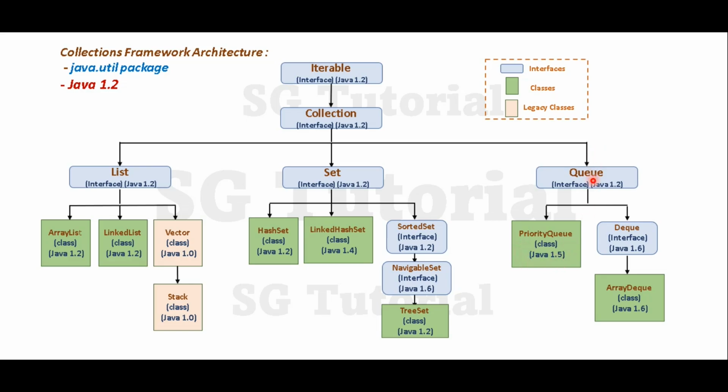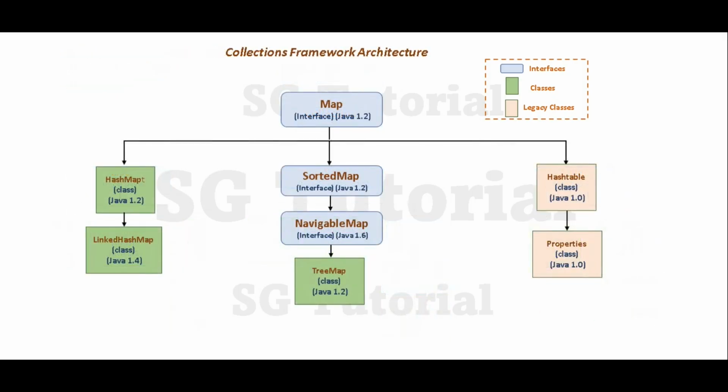And Queue is further divided into Deque, which stands for double-ended queue, introduced in Java 1.6, and it has one implementation class, ArrayDeque, which was introduced in Java 1.6. Similarly, let's understand the Map hierarchy.